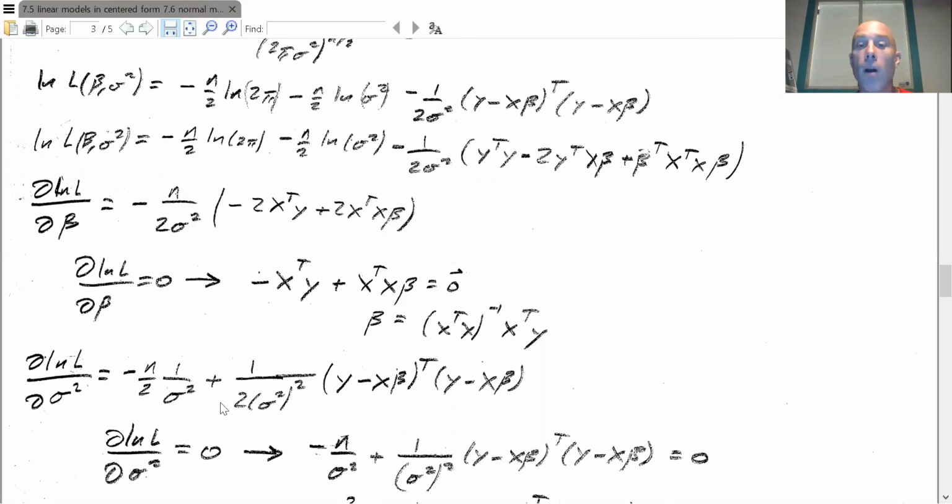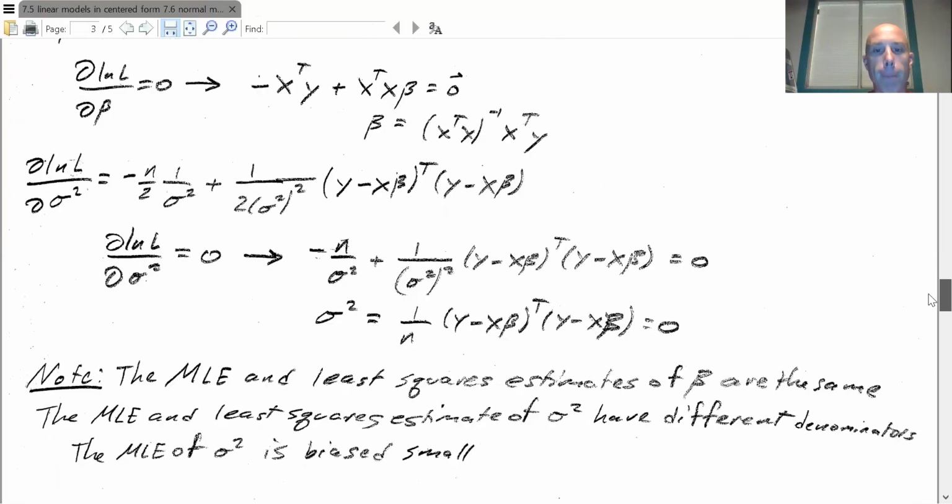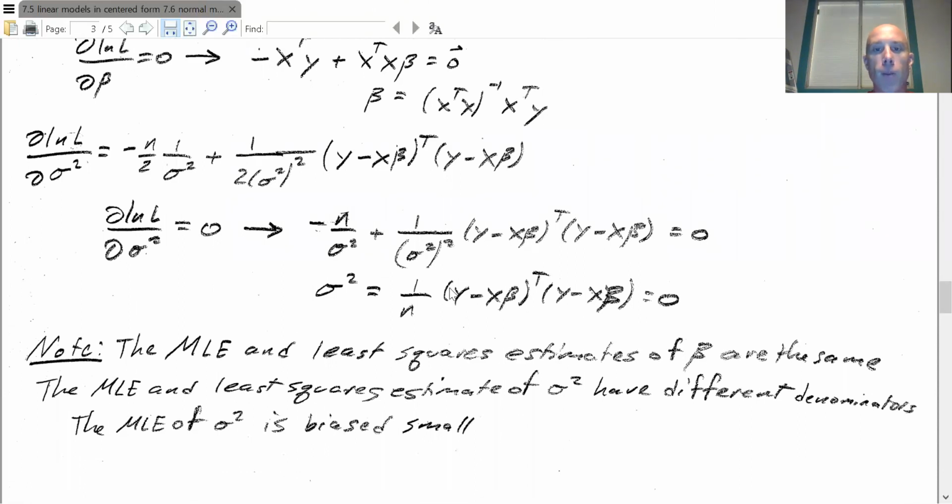Now I'm going to set the right-hand side equal to 0. That means all this stuff is equal to 0. So I move this over to one side, I multiply both sides by sigma squared, and divide both sides by n, and I get my estimate of sigma squared is equal to this.